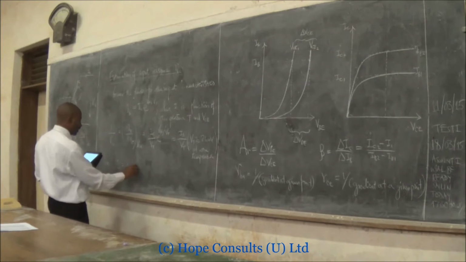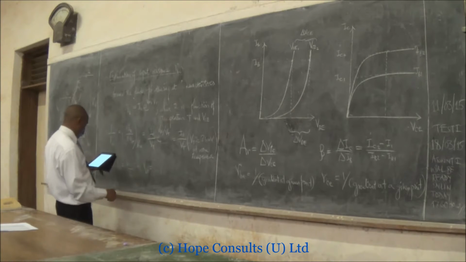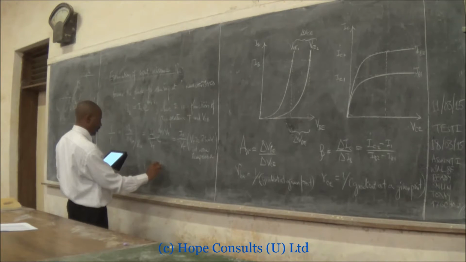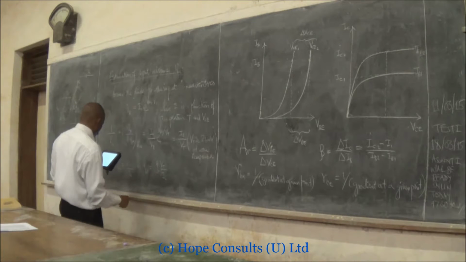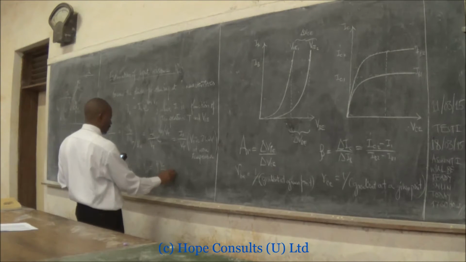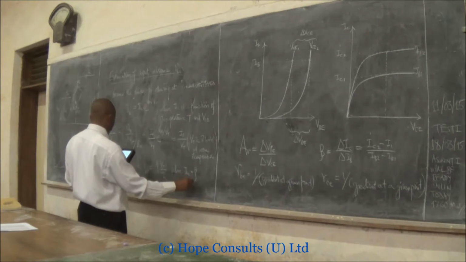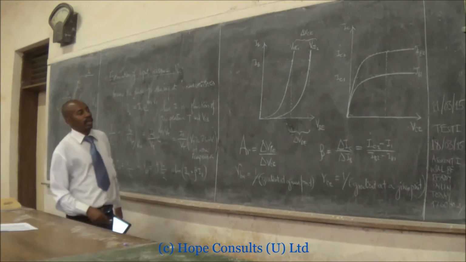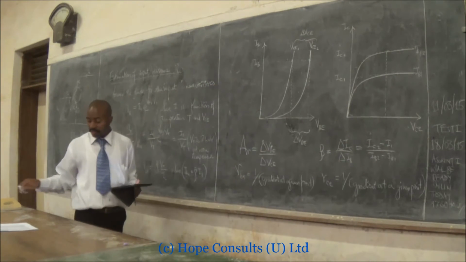And we can say that our RBE is equal to beta VT over IC, where IC is equal to beta IB. Beta is the same as the current amplification.